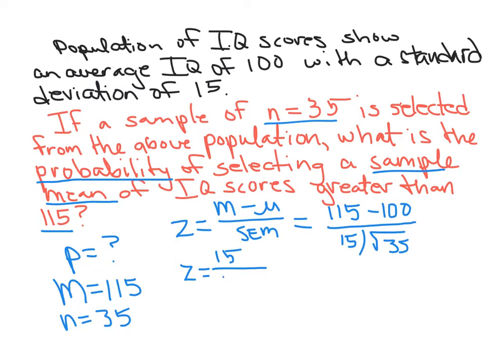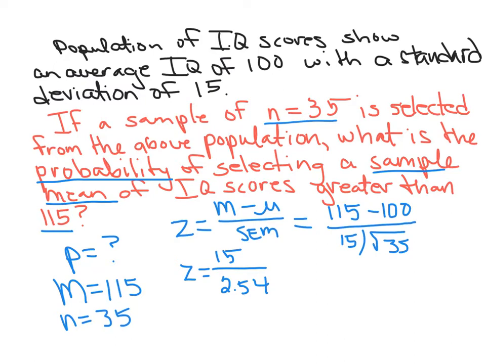I'm going to round that to 2.54 for that second decimal. Now typically I say keep as many decimals as possible in calculations, but for this example I'm going to round it to the second decimal.